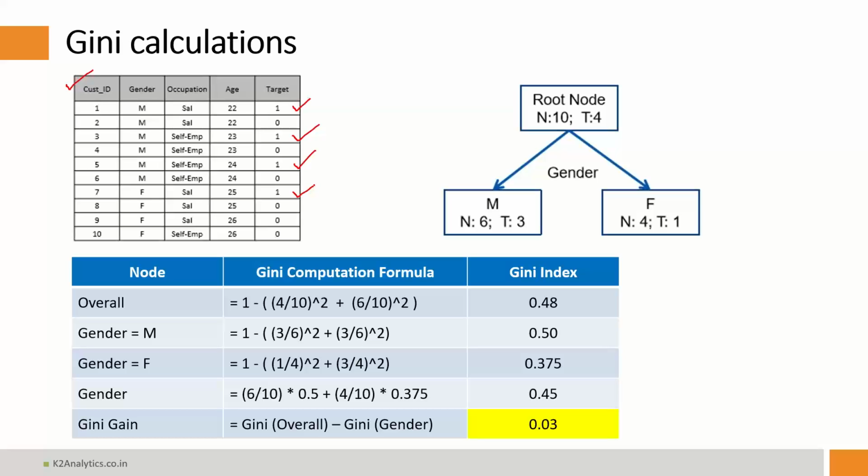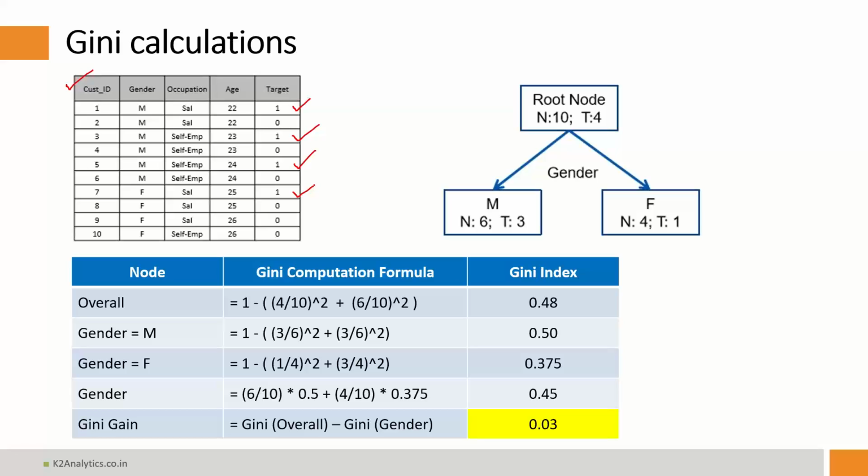My objective is to split the root node such that I have more homogeneous data, at least in one child node. So I have to find out which variable is the best. And the definition of best variable in the CHAID technique is the variable which gives you the highest Gini gain.